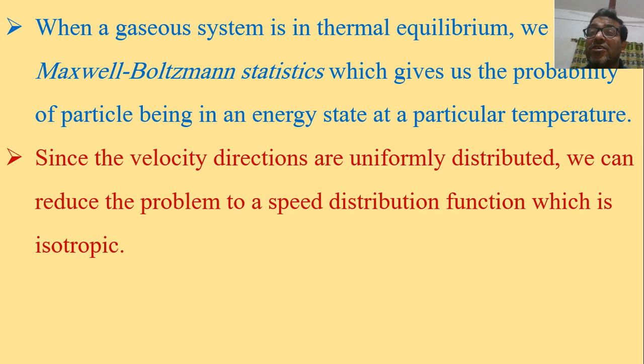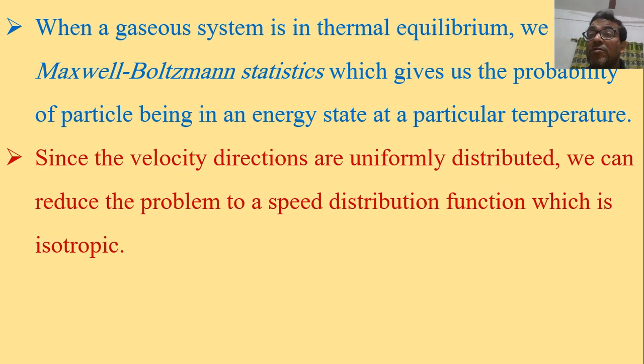Here we are considering the gas molecules are always in random motion, so that's why the velocity directions are uniformly distributed. Also, since they are uniformly distributed, we can reduce the problem to a speed distribution function.